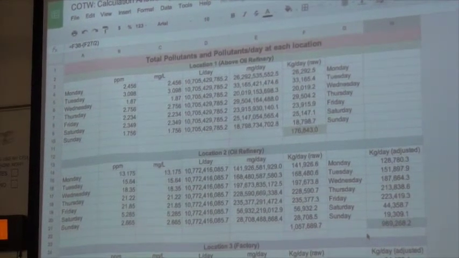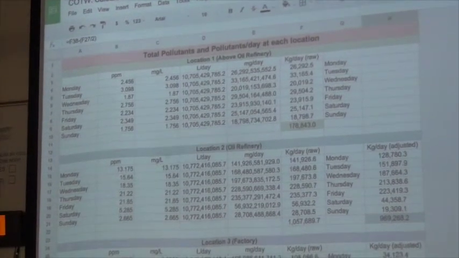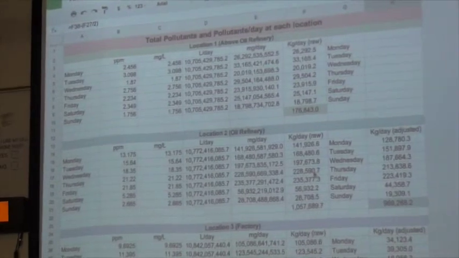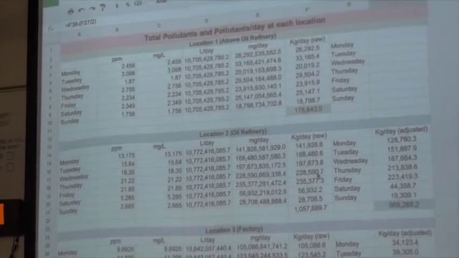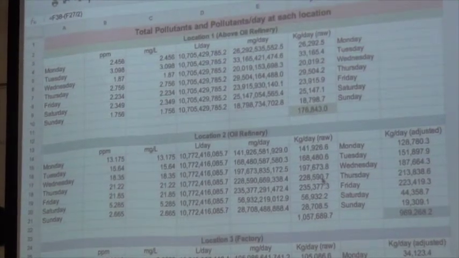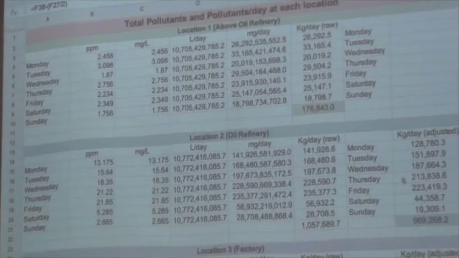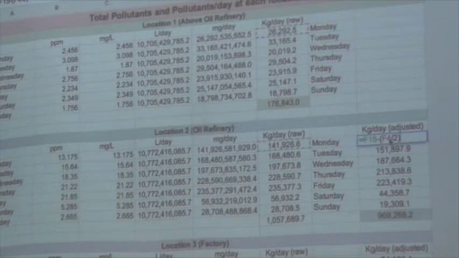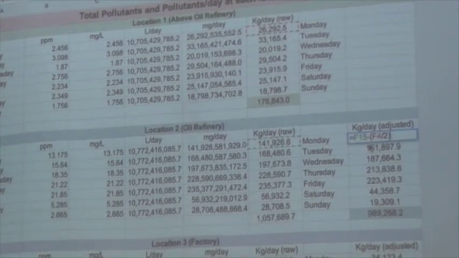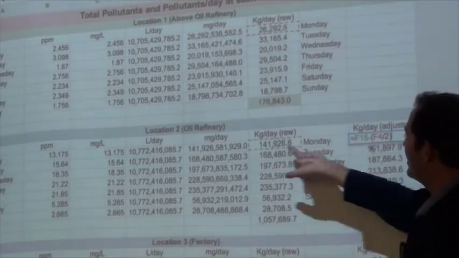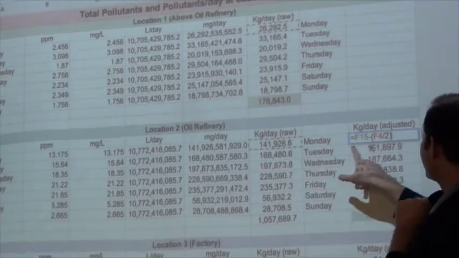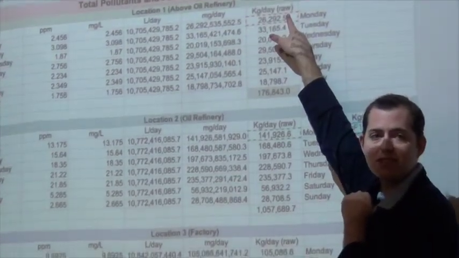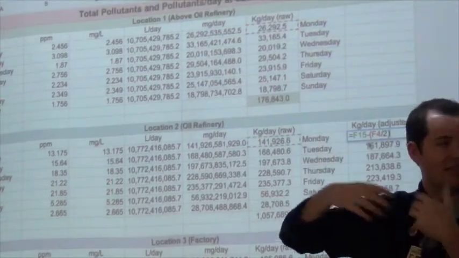Okay, so I can show you. I've got this over here. This is the exact same steps that you've done, just for each of the locations. So if you want to check your numbers, I have them calculated as well, and you can come check them with me. Okay, so what I did in adjusted, if I double click, I've taken whatever is in here and I'm subtracting whatever happened on Monday at location 1 divided by 2, because only half of it's going to make it there.